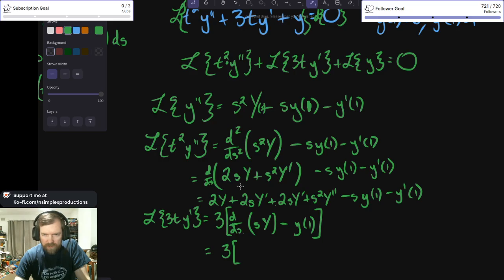With respect to s, right, we take the derivative of 2sY, we get 2Y plus 2sY prime plus 2sY prime plus s squared Y double prime. Which part of the product rule?